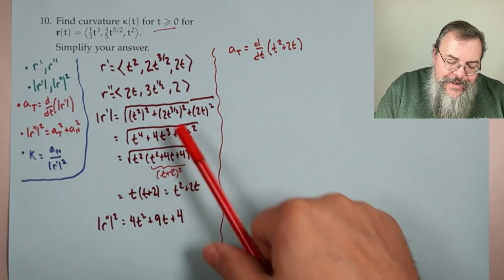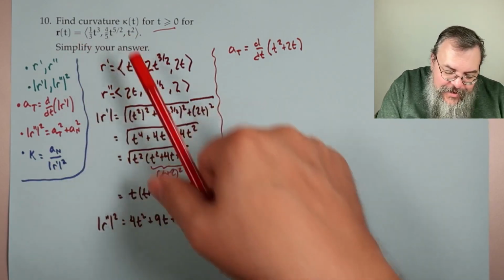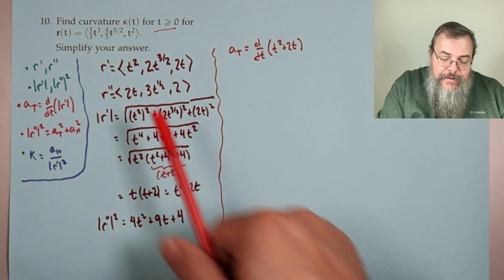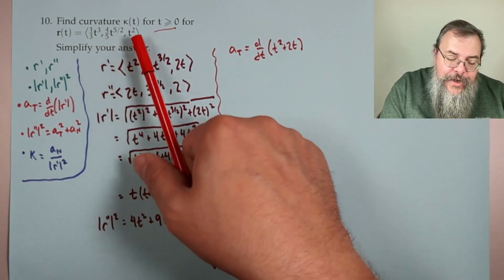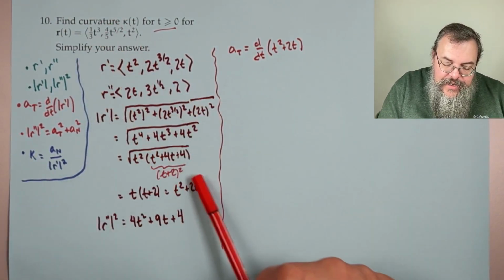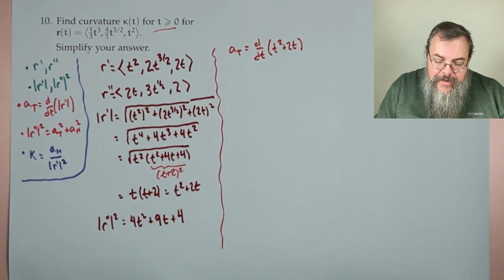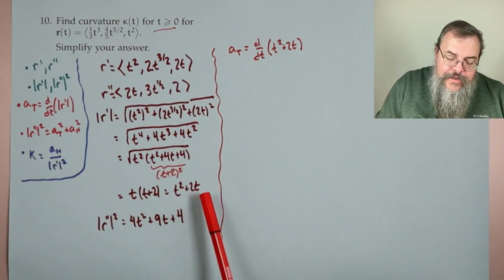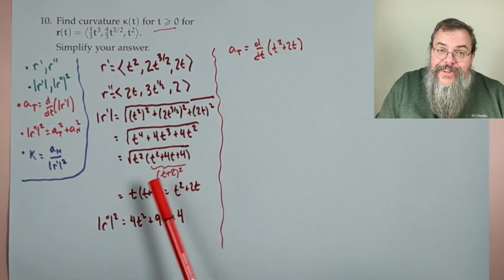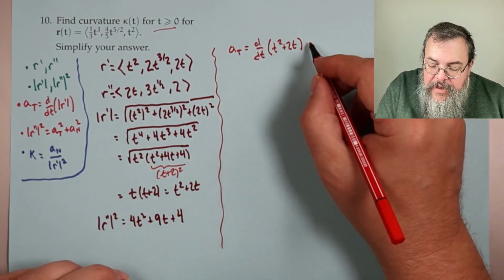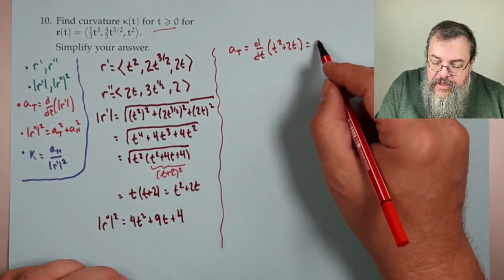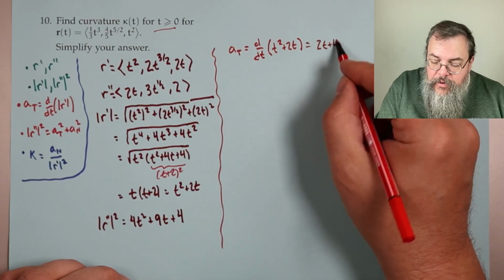It's like, how can we make this crazy curve have a nice magnitude of r prime? And that's why you get weird functions here, so you get a nice thing there. So don't stress too much about this not looking nice. Anyways, back to our problem. Derivative of t squared plus 2t is 2t plus 4.